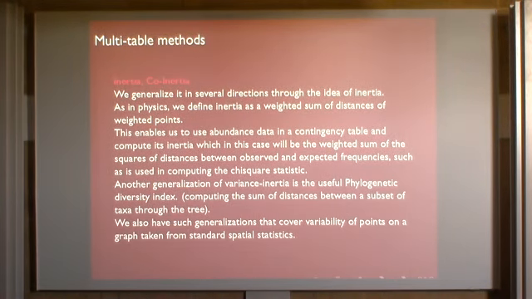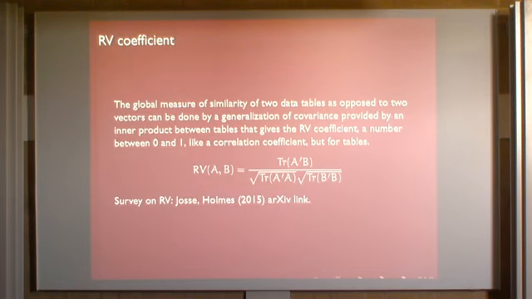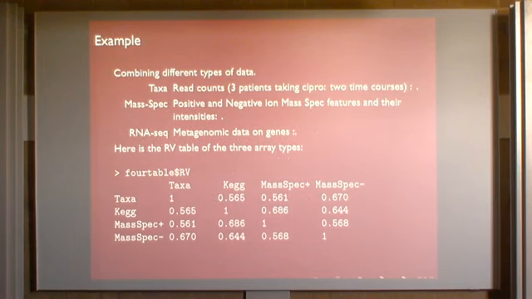So I talked about the multi-table methods and the RV coefficient, and I just want to say that this co-inertia analysis and this RV coefficient allowed us also to look and combine metabolomic data. This is something I showed you before, but we had the taxa abundances, and we also had the KEGG abundances for the different KEGG categories.